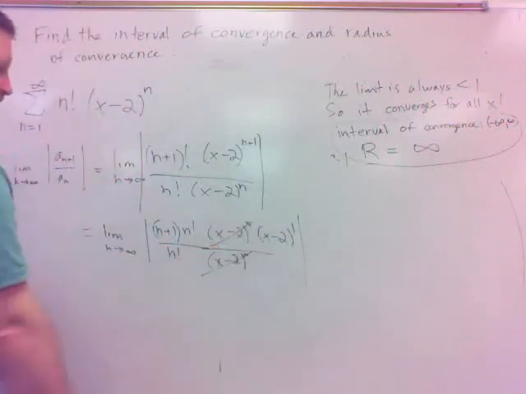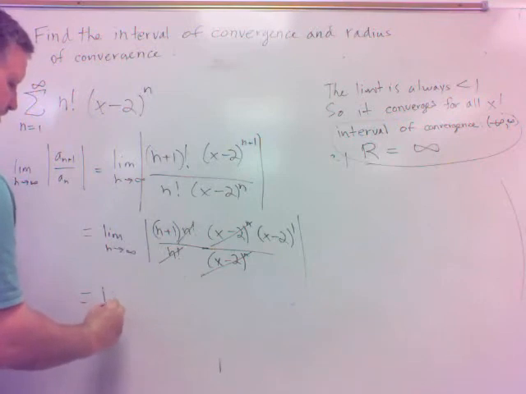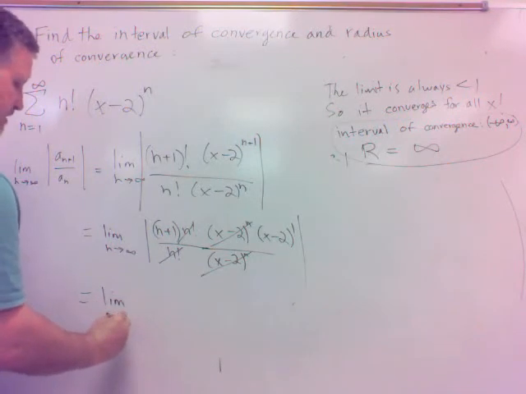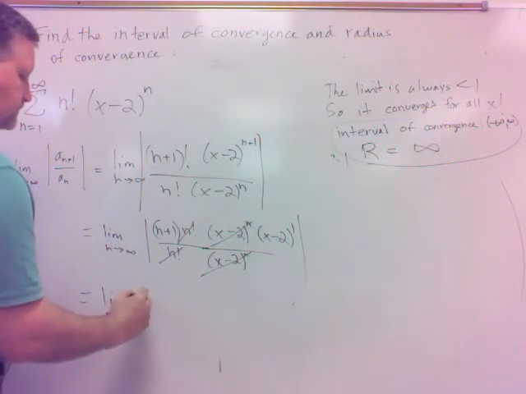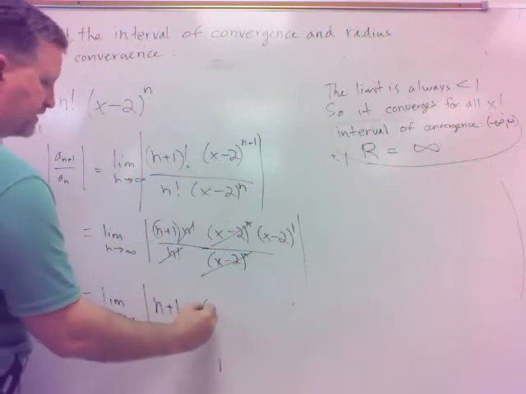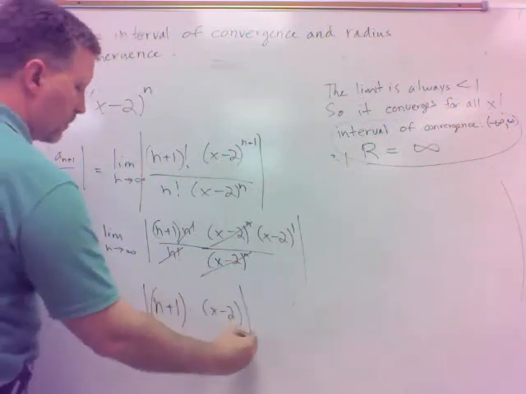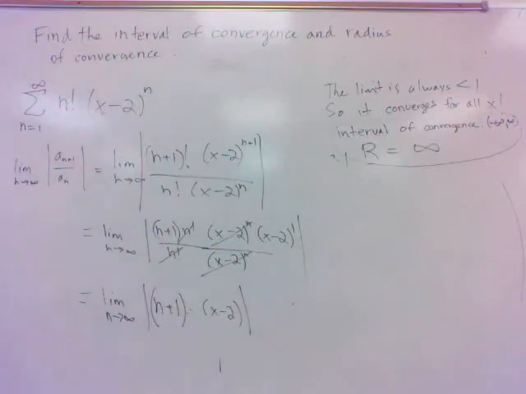The (x minus 2) to the n's cancel. The n factorials cancel, so I'll wind up with the limit as n goes to infinity of n plus 1 times (x minus 2).